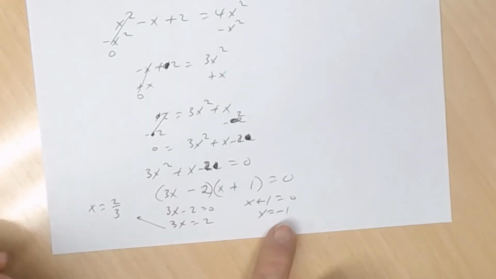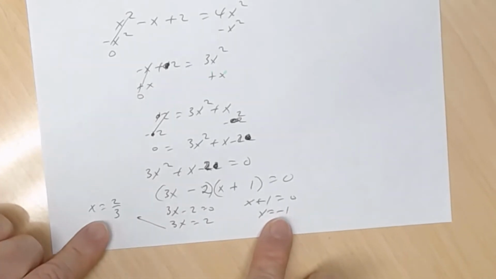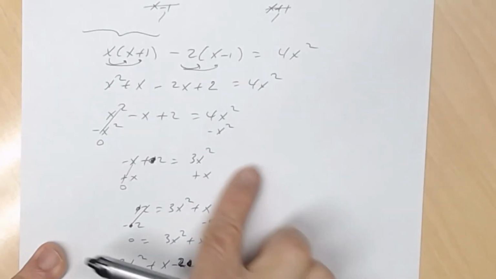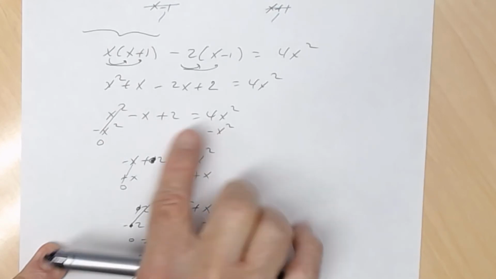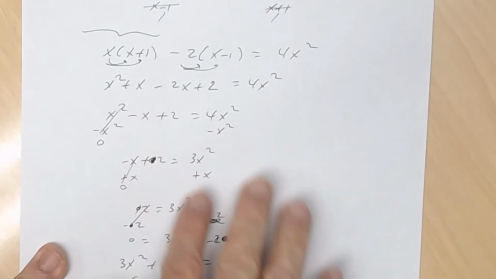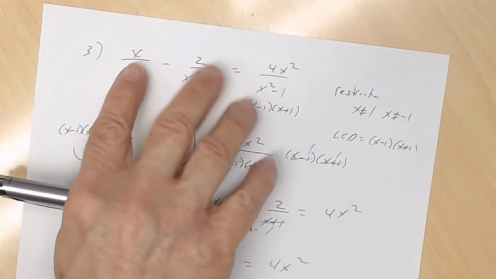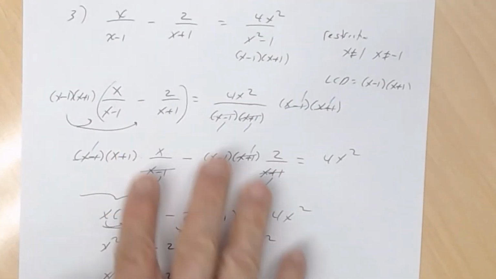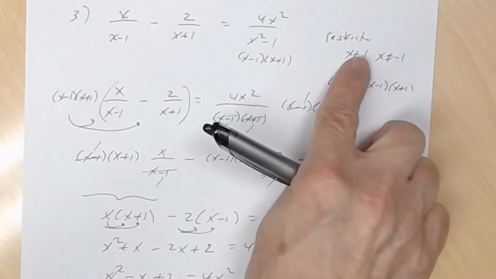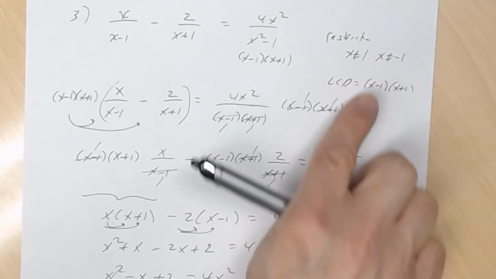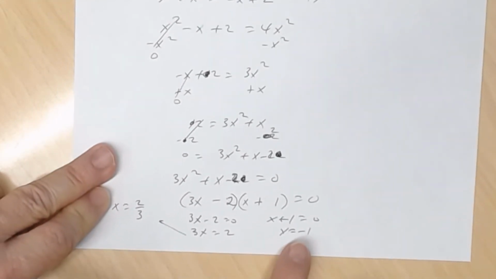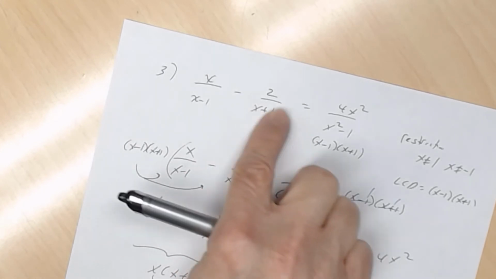Now remember, those are your potential solutions. They're definitely solutions to this quadratic. That is true. But are they solutions to the original? Yes or no? Well, one is and the other one isn't, because look at your restriction. What was the restriction? 1 and negative 1. What do you notice here? Negative 1 makes this denominator 0.